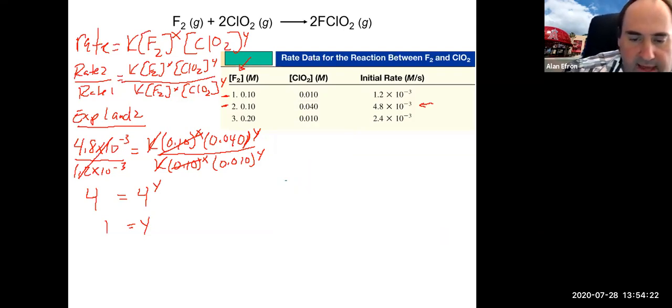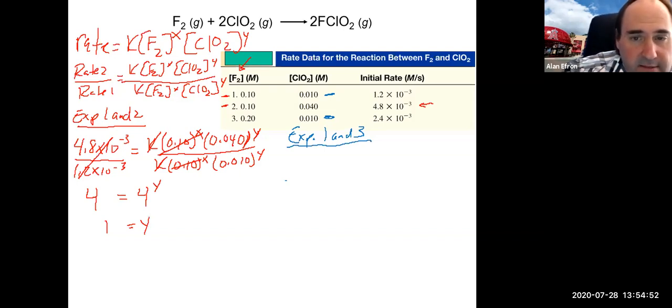Now, once we did that, what we want to do is go back to our table. Since we held the F2 constant the first time, what we want to do now is hold the ClO2 constant. To do that, it looks like entry number 1 and number 3 from the table will do that. So we're going to look at experiments 1 and 3 and do the exact same thing.